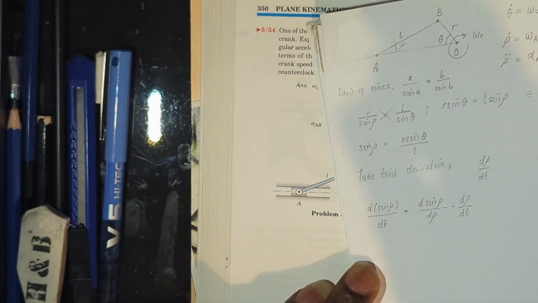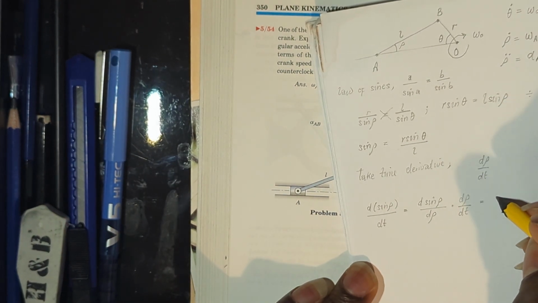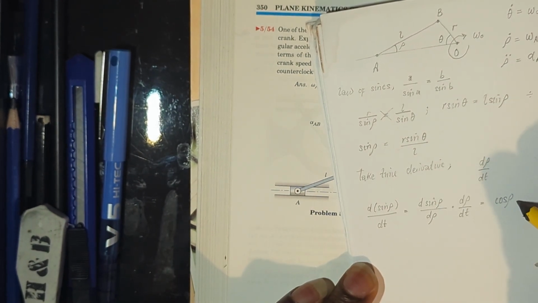This is just basic chain rule. This I know to be cos rho, and this I know to be rho dot.